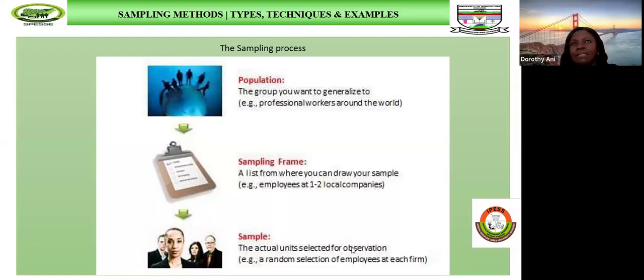And I can easily get one from Agan. And then that list is what I can refer to as my sampling frame. It's from that list that I will now draw my sample. I don't know whether I've been able to differentiate it from population. Please, can somebody talk to me here?